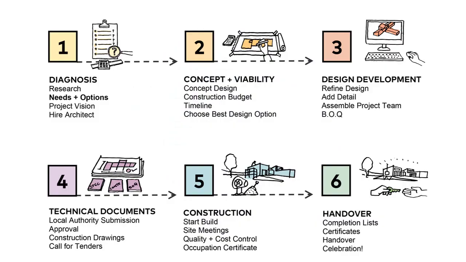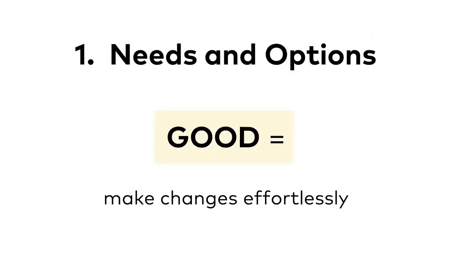There are 6 stages during a project when changes can be made. The needs and options review, which is your diagnosis, the concept design, design development, technical documentation, the construction stage, and closeout. If you discover better options early, then you can make the changes effortlessly.